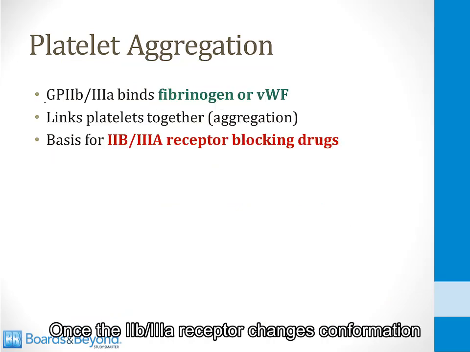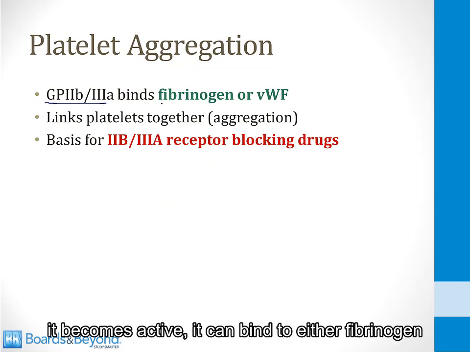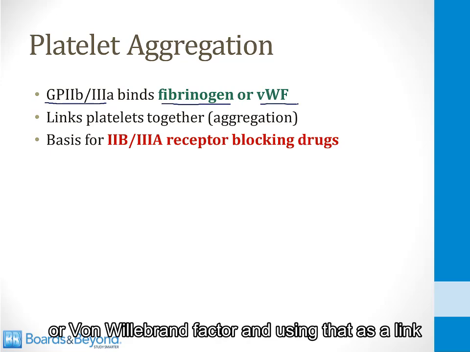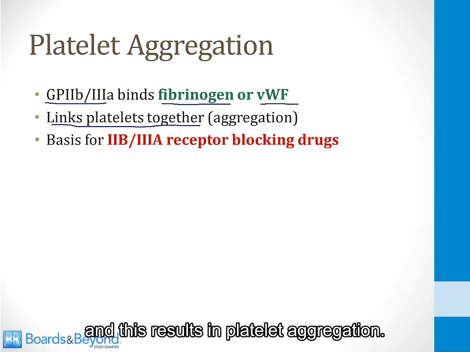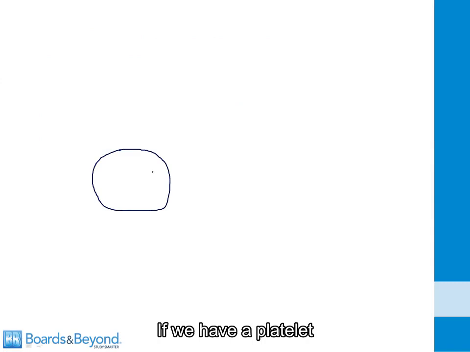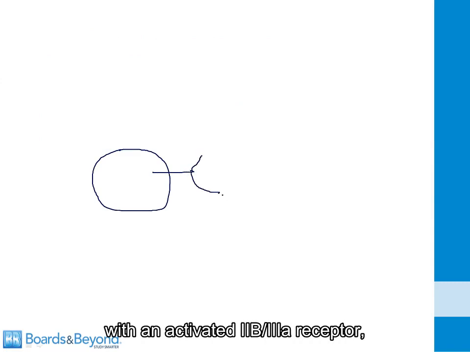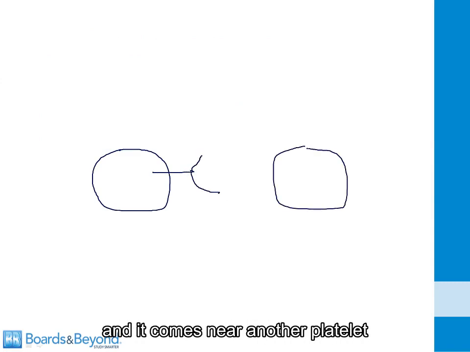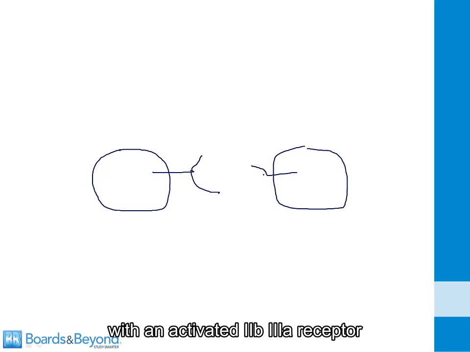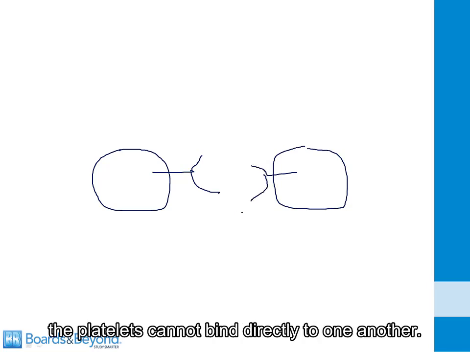Once the 2B3A receptor changes conformation and becomes active, it can bind to either fibrinogen or von Willebrand factor, and using that as a link, it can then bind to other platelets, and this results in platelet aggregation. This is easier to understand with a picture. If we have a platelet with an activated 2B3A receptor and it comes near another platelet with an activated 2B3A receptor, the platelets cannot bind directly to one another.